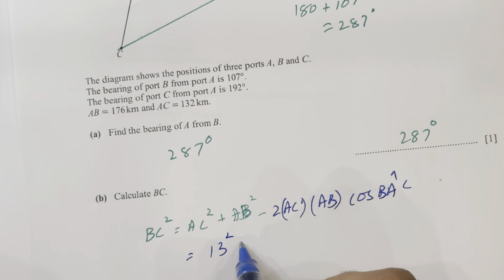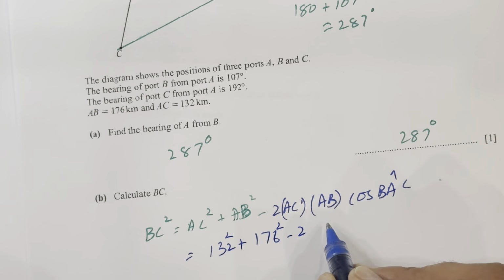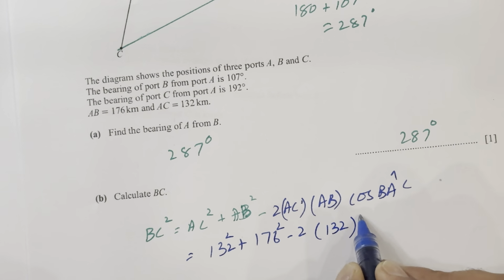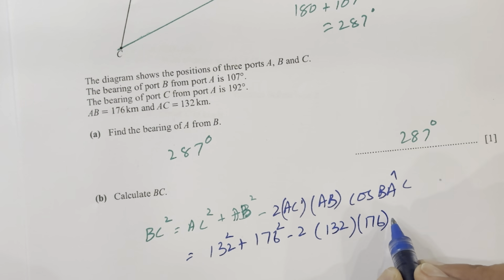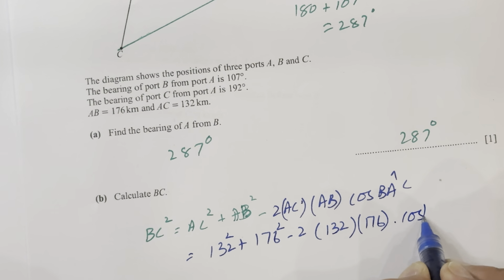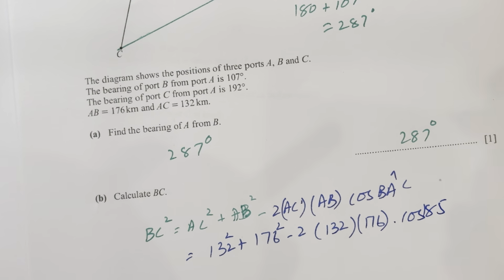132 square plus 176 square minus 2 into 132 into 176 dot cos 85.